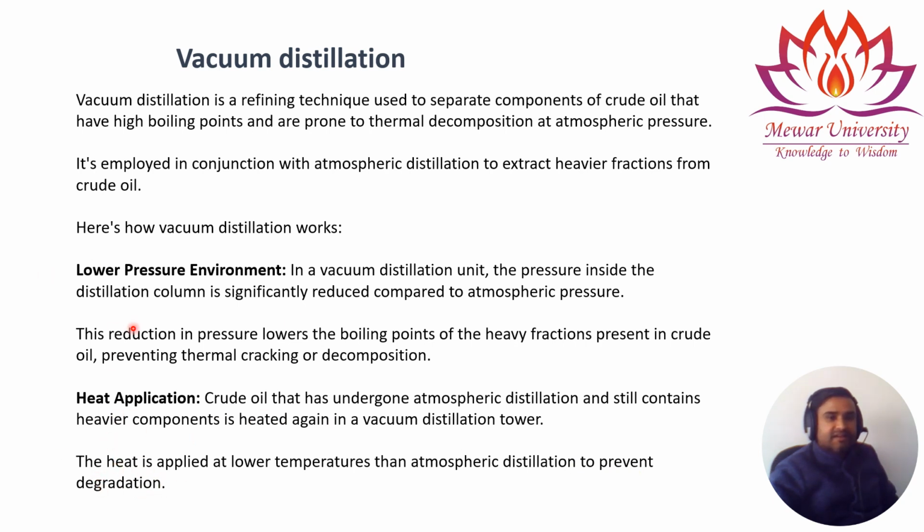Means in the crude distillation unit the temperature is higher, but in the vacuum distillation unit the temperature is lower and pressure is also lower. This is used to distill the specialized components or fractions that have a higher boiling point, but can decompose or crack thermally at high temperature, so pressure is kept lower.